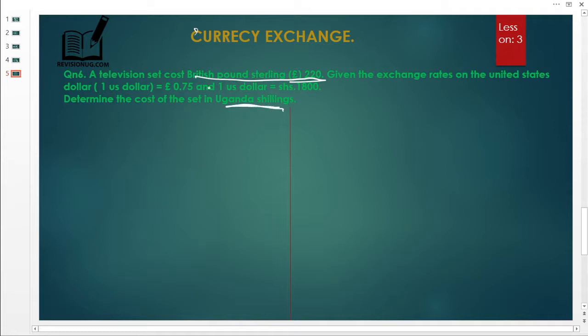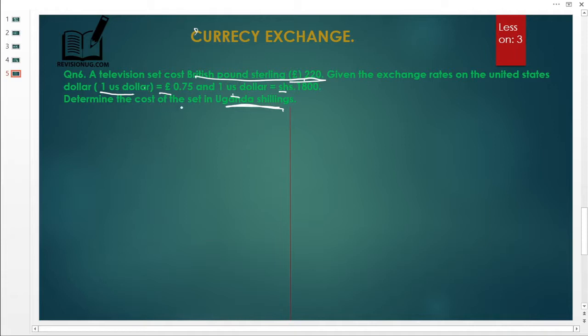But when you look at the exchange rates, we have a dollar to a pound, then a dollar to a Ugandan shilling, which means that we have to first change the pound to a dollar, then from a dollar we take it to shillings. Then let us get started.